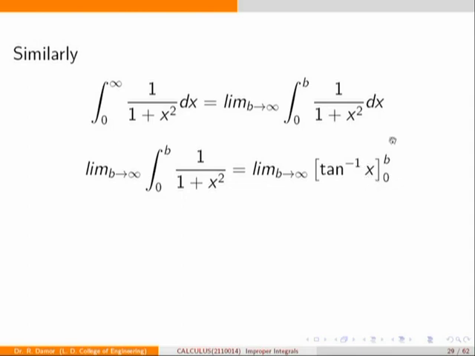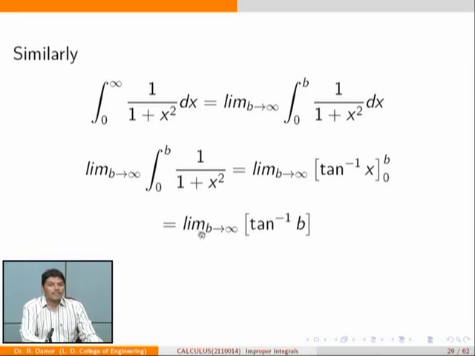Now check the upper limit: tan inverse b as b tends to infinity, minus tan inverse 0, and tan inverse 0 is 0. So the lower limit goes to 0 and the upper limit is limit b tends to infinity of tan inverse b, which is tan inverse infinity. We know that tan pi by 2 equals infinity, so this is equal to pi by 2.